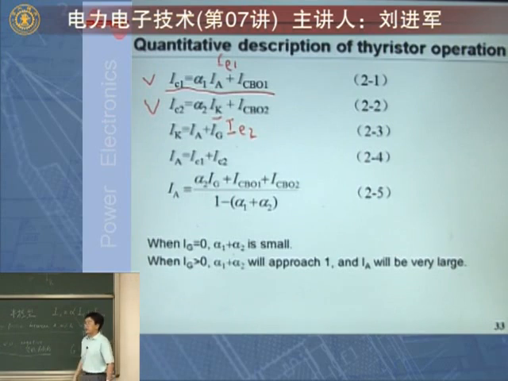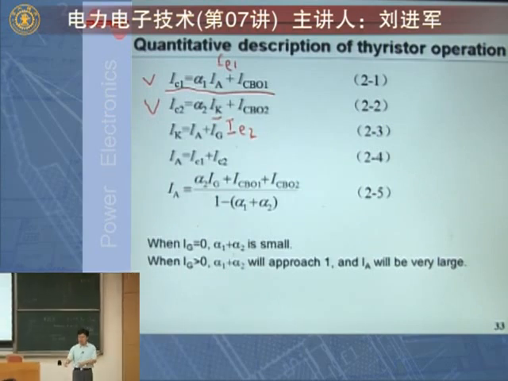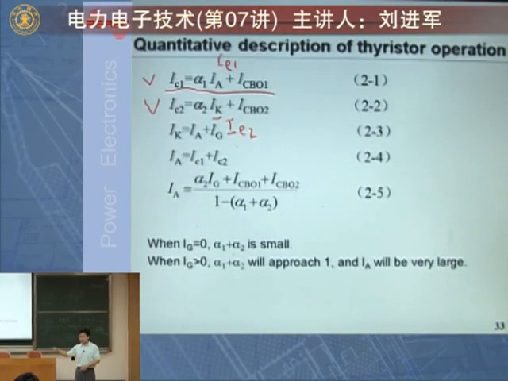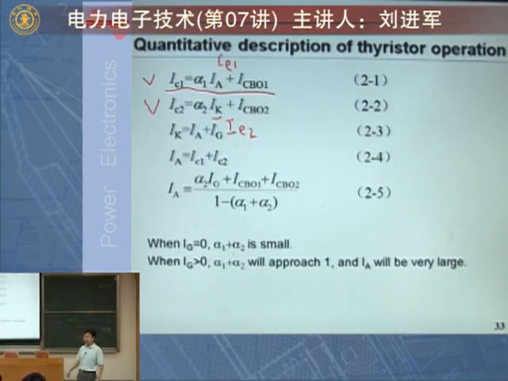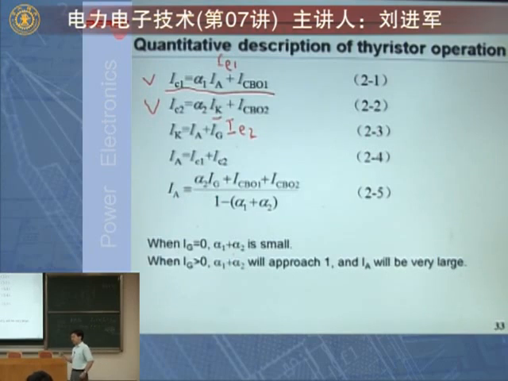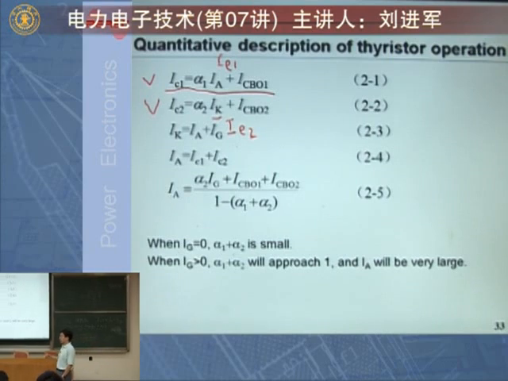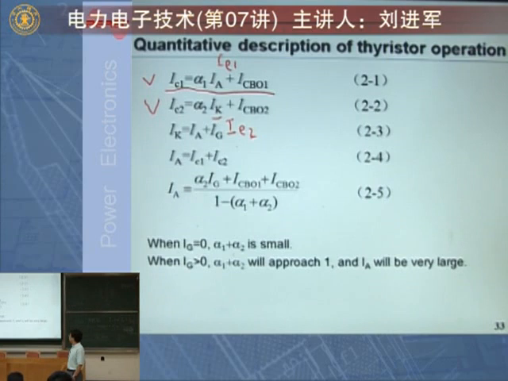I'm not sure whether you still remember. Collector current can always be written as alpha multiplied by emitter current. And usually this alpha is smaller than 1, and that's why collector current is always smaller than emitter current. So for both of these two transistors, we can write out those two equations.